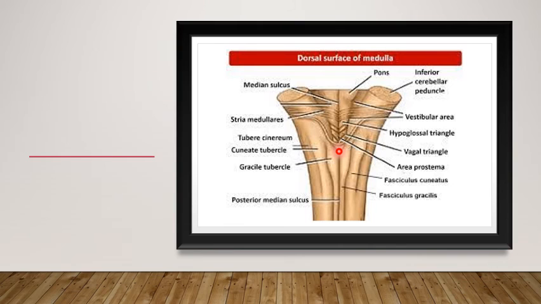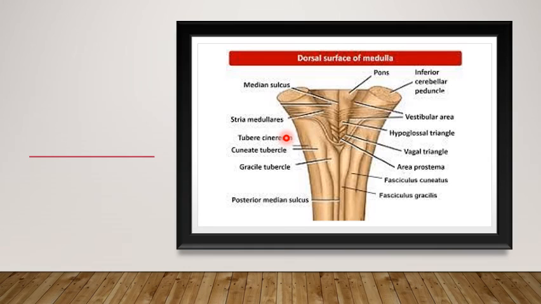The lower part of the medulla immediately lateral to the fasciculus cuneatus is marked by another longitudinal elevation that is called the tuberculum cinereum. Okay, that is the next marking that we are seeing. Tuberculum cinereum, you can see here that has been marked. This elevation is produced by an underlying collection of gray matter of the spinal nucleus of the trigeminal nerve.